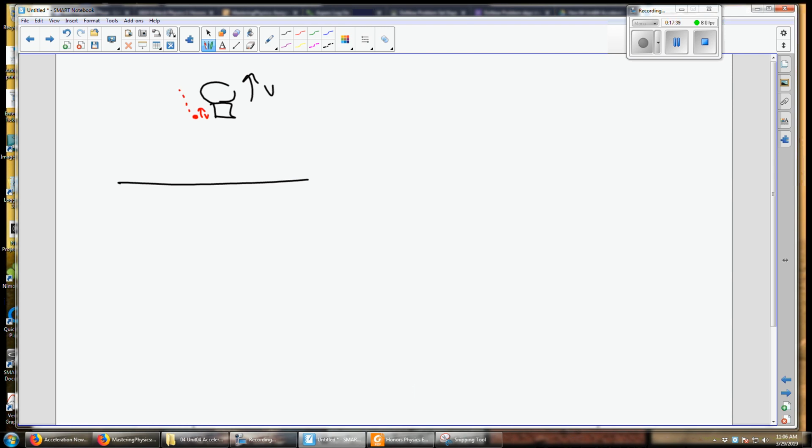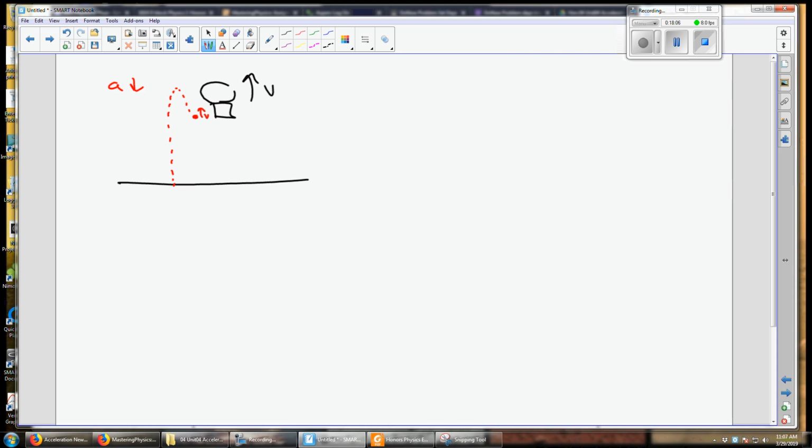It's going to go up and then come back down, right? Because it's got to go up until it does what? Stops, and then it comes back down. But the whole time, the acceleration is downwards, because it's slowing down, stops, and then speeds up, but under the same acceleration.